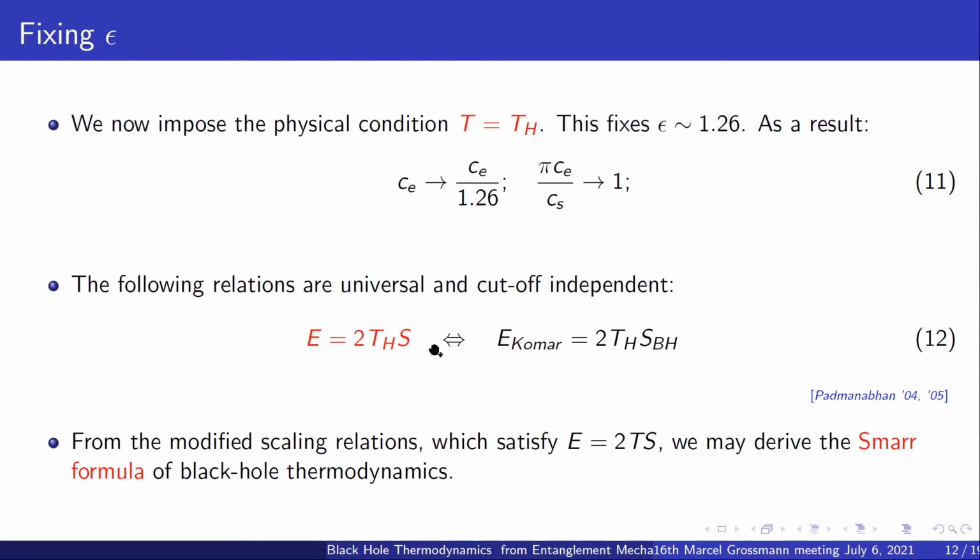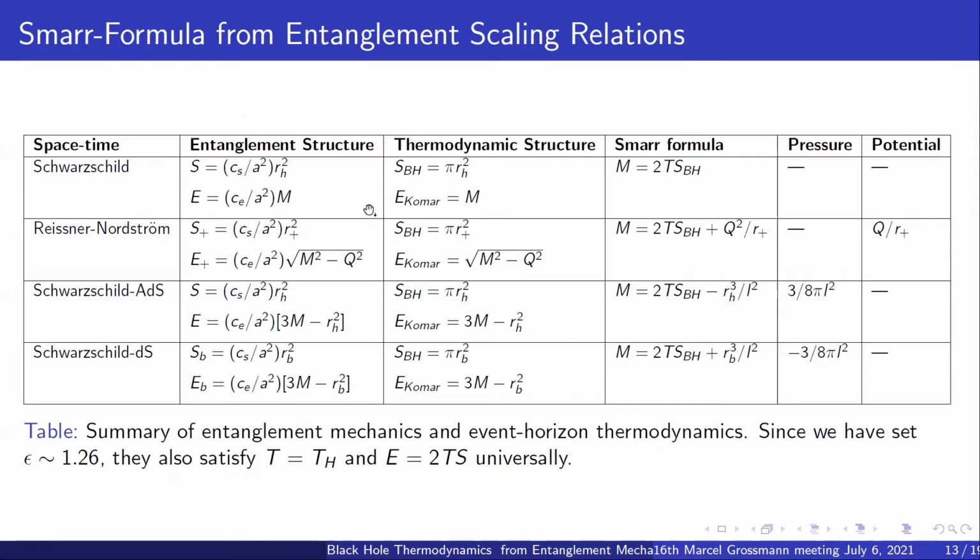So, in order to see how this acts as the equation of state of a black hole horizon, we can in fact substitute the expression for Komar energy and do some rearranging to obtain what is known as the Smarr formula of black hole thermodynamics. So over here, I've consolidated the results of what we have obtained. On the first column, I have written down the entanglement structure that we obtained from entanglement mechanics.